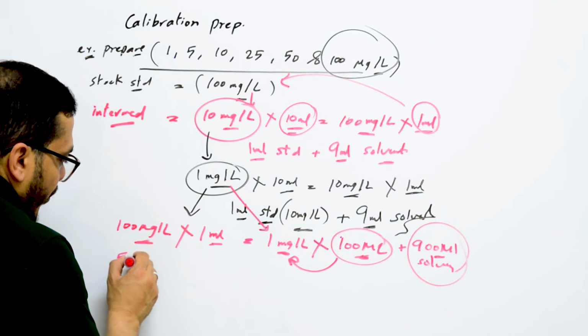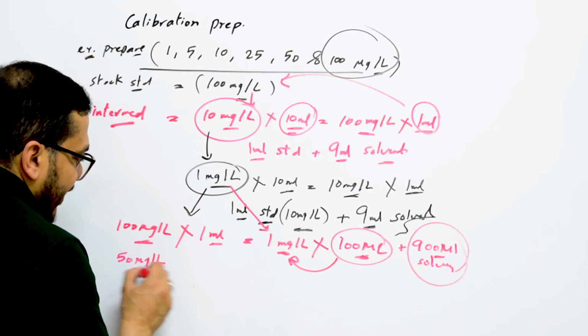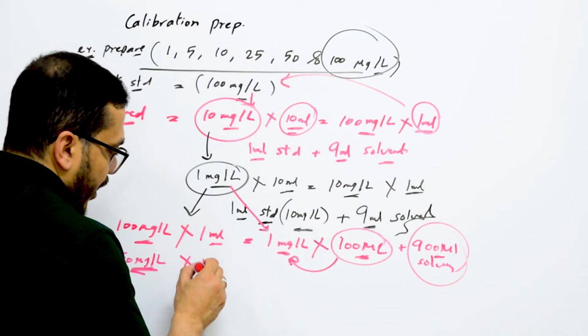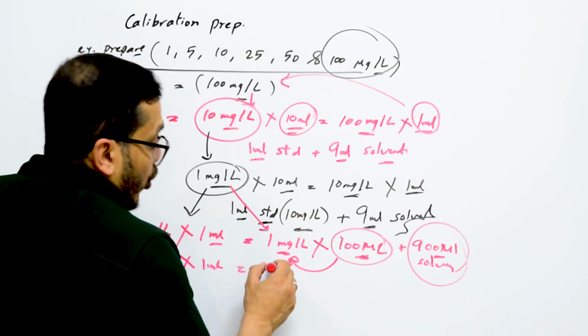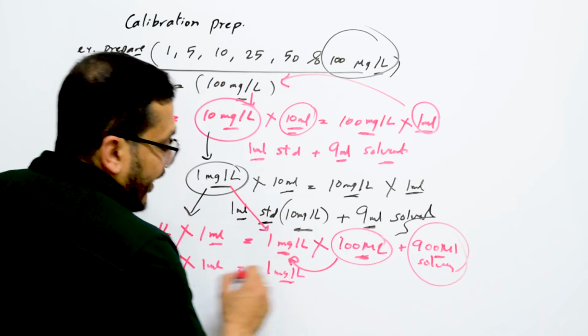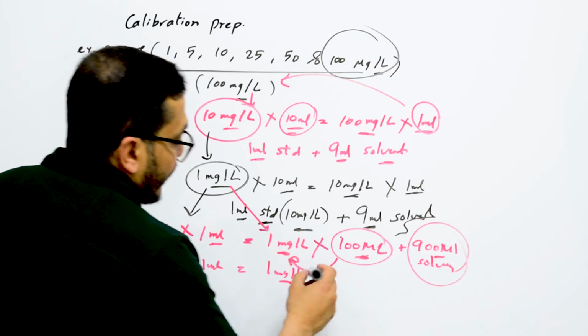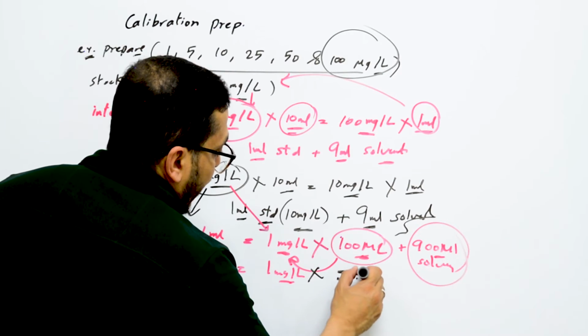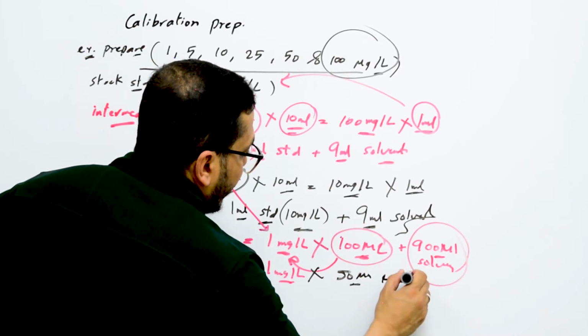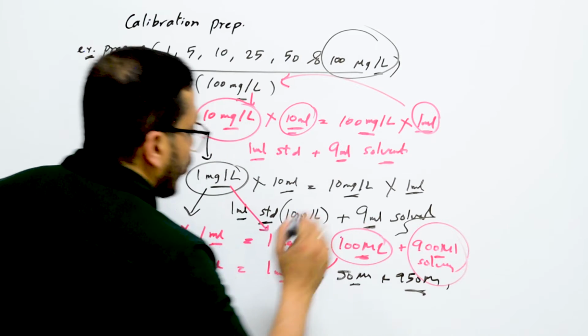Then 50 microgram per liter, in 1 ml, also from the 1 milligram per liter intermediate standard. You need to add 50 microliter plus 950 microliter from the solvent.